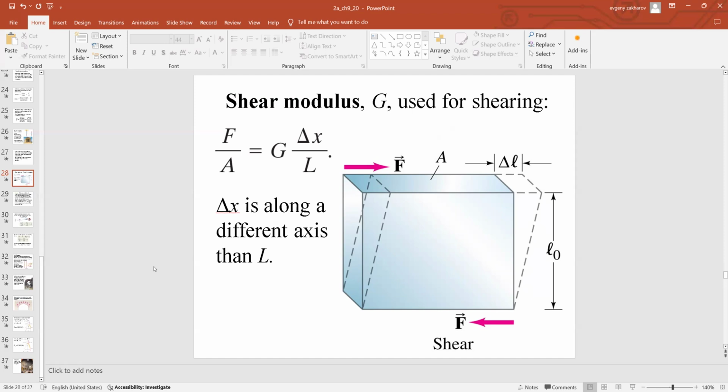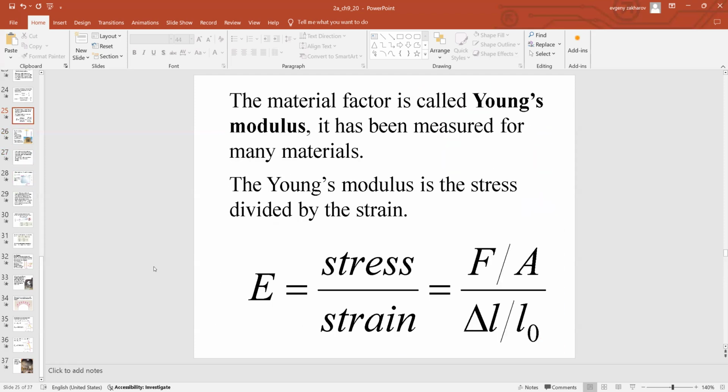We're not going to do that as well. So yeah, here it is. It's in the textbook, but do not worry about it on the test. Just the Young's modulus. This is your main equation. Stress over strain. Stress is force per area, and strain is elongation or compression with respect to the original length, width, or height.